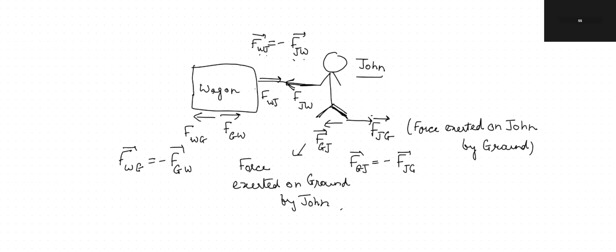So if the net force ΣF on John equals m times a, where a is the acceleration of John and m is John's mass, so if the net force is there, then only he will be able to move forward.